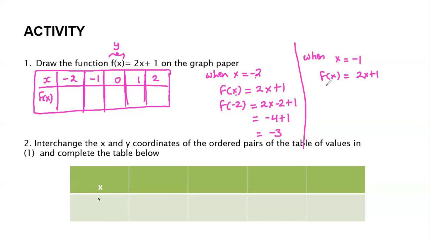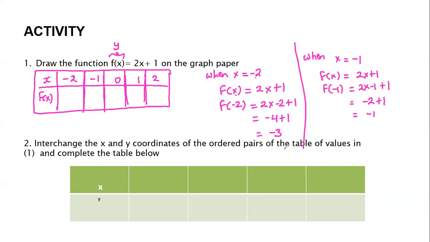Then we substitute: 2 times -1 plus 1. 2 times -1 is -2, equals -2 plus 1, equals -1.